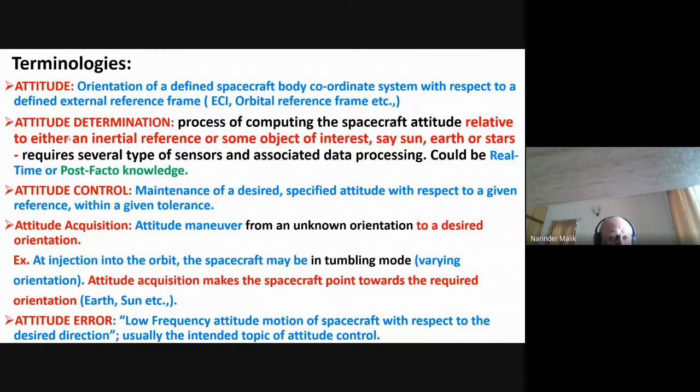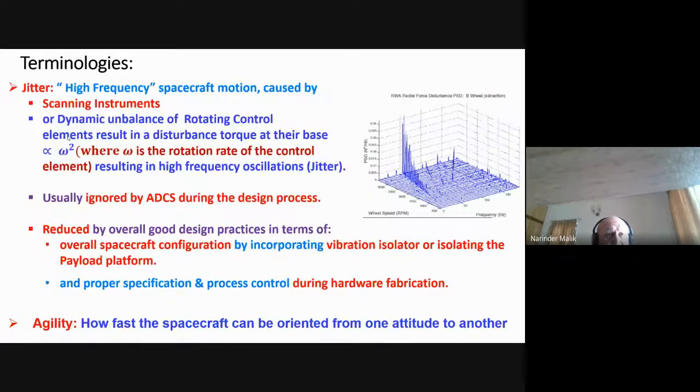And attitude error is a low frequency attitude motion of a spacecraft with respect to the desired direction. And this is the intended topic of our discussion on attitude control. Jitter. Jitter refers to a high frequency spacecraft motion.